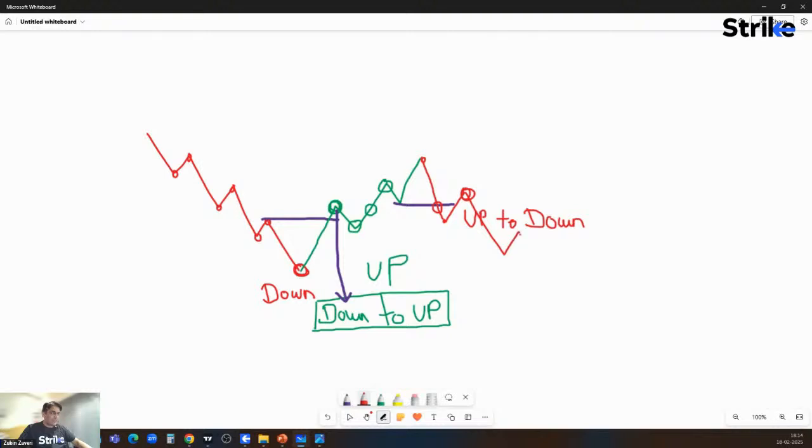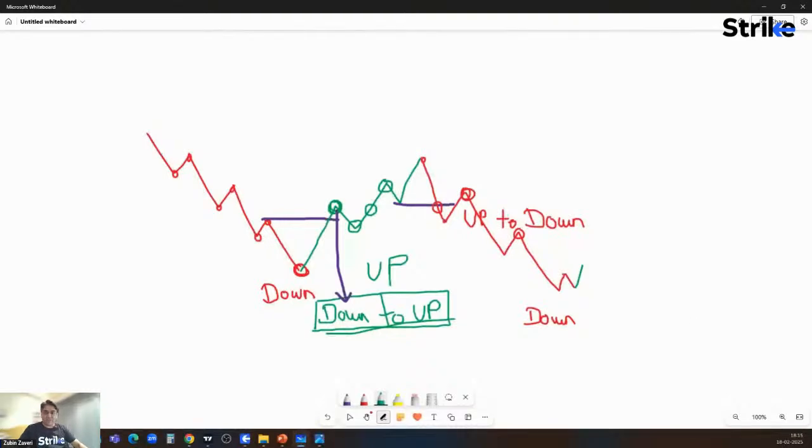Until and unless this previous top gets breached, the trend will remain in a downtrend only. And as soon as this top gets breached, only then will the trend change from down to up.